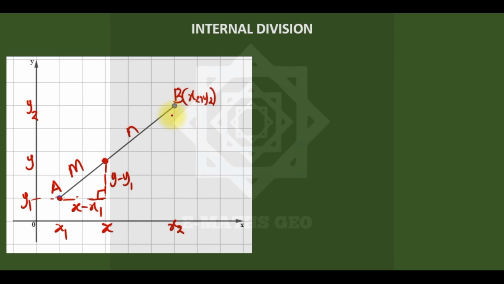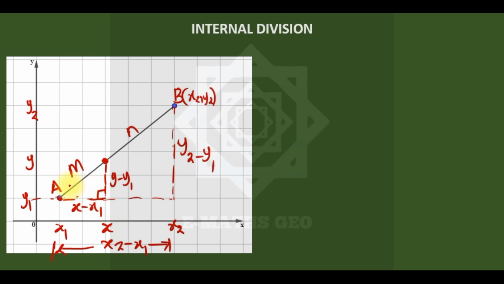Looking at the bigger right triangle, the distance from here to here is x2 minus x1, and the distance here is y2 minus y1.